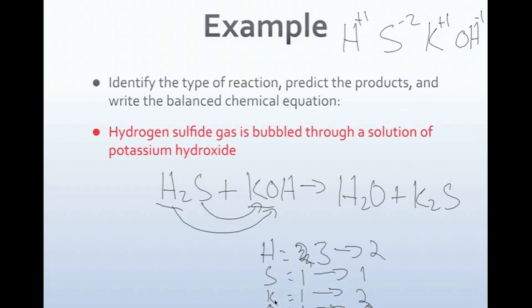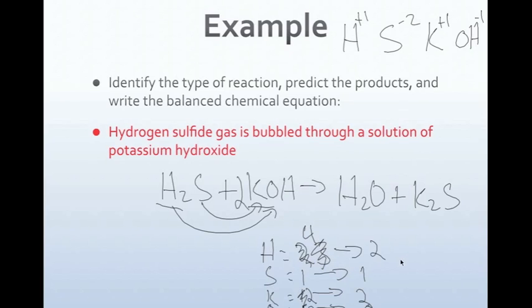So I'm going to go ahead and balance the potassium first. I'm going to put a 2 in our reactants. So we put a 2 there, which changes my potassium to a 2, and it becomes balanced. But now it also changes my oxygen to a 2, and it changes my hydrogen to now 4, because I have 2 right here, and then 2 over there, so it becomes a 4.